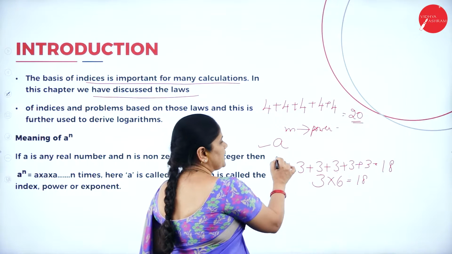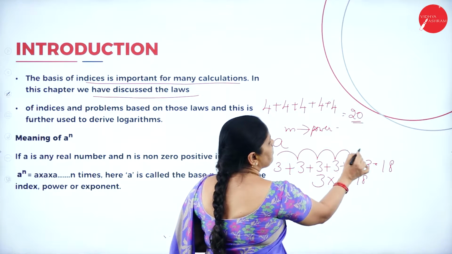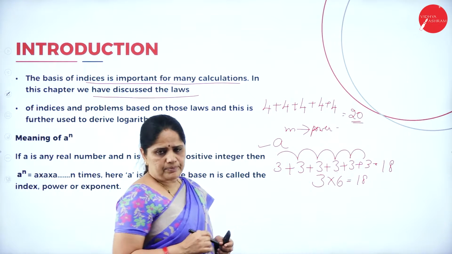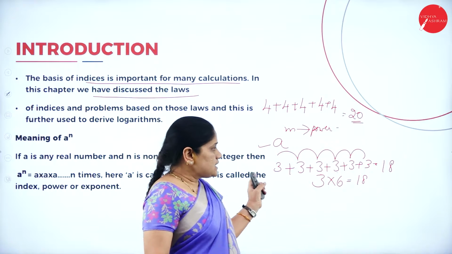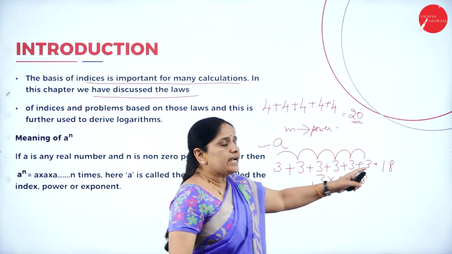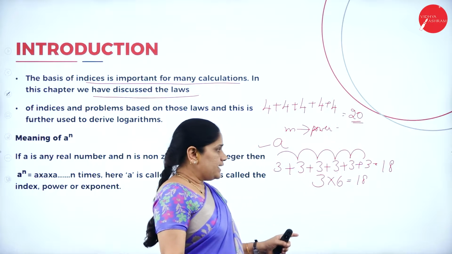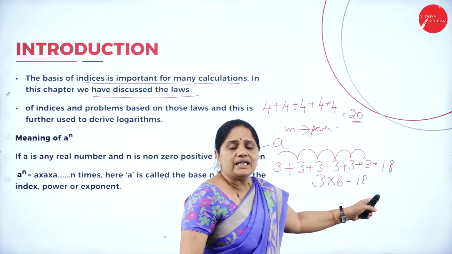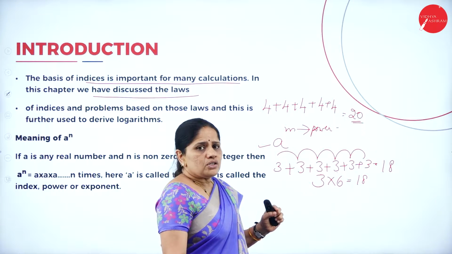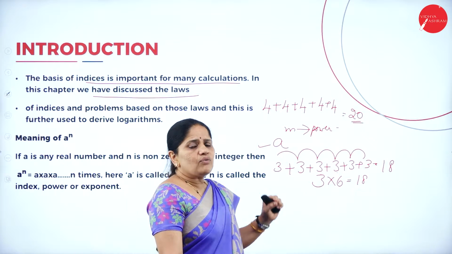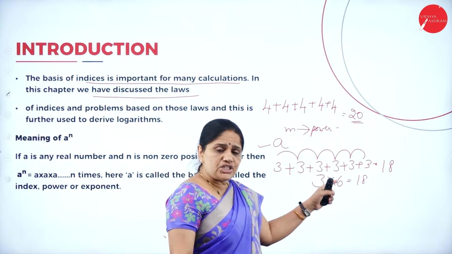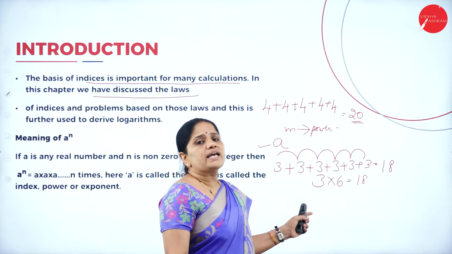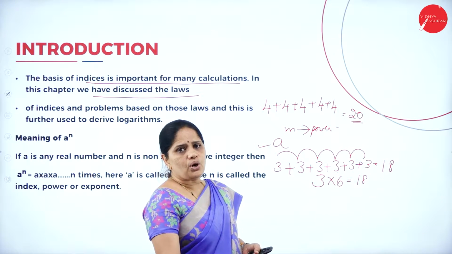Now, this number 3 has been repeated 6 times. So, when you add this 3 for 6 times, you are getting 18. But then, when you multiply 3 into 6 also, you are getting the number 18. So, this result, whatever we get through addition, the same result we can get through multiplication also.